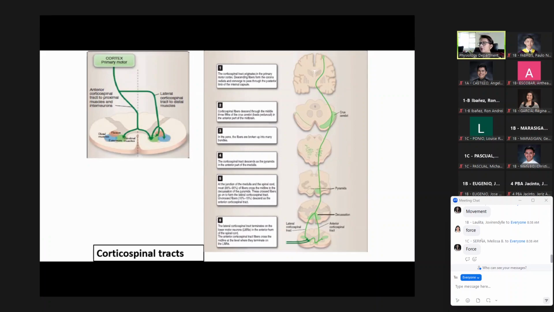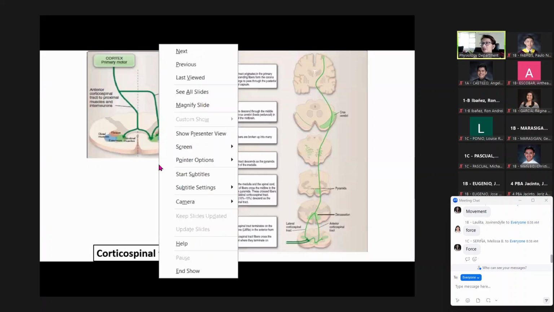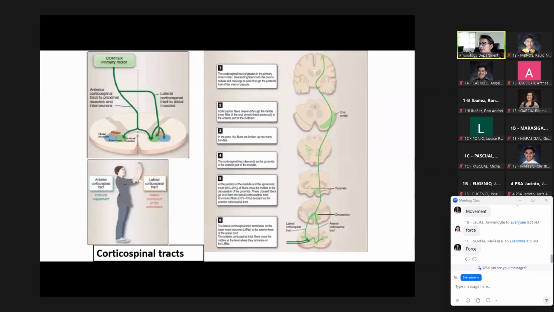Now, your lateral corticospinal tract, as we have said a while ago, will be controlling distal muscles, specifically the fingers. Did you hear the pounding? Sorry, there is construction next to us. So the lateral corticospinal tract will be involved in skilled movements, while the anterior corticospinal tract will be involved in posture and balance.